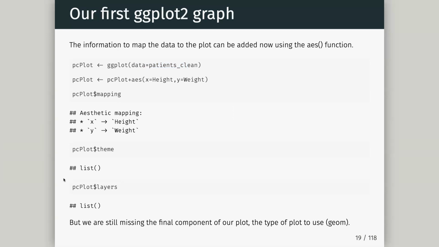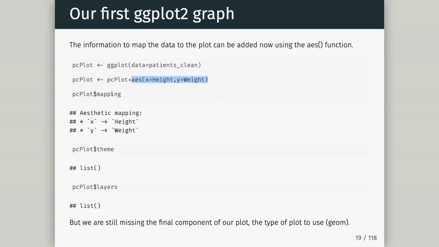If I want to, then I can start to add things to this plot. Right? So rather than adding it to the paper, pen and paper, we're adding it to the object. And it's a similar concept. So let's do our ggplot. We'll give it the patients clean data, and we have our object we just saw. But now I'm going to take that object and add to it some aesthetic mappings. So I'm going to do plus aes, x equals height, y equals weight.